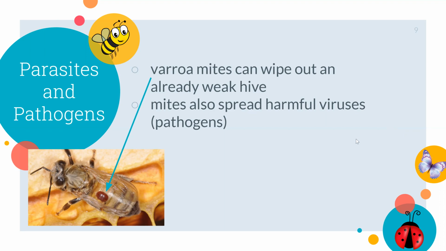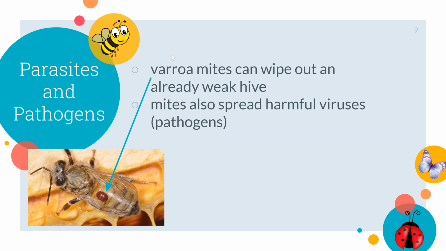We saw that in the Venn diagram. So what a parasite is, it leeches on to another being. The parasite takes benefit from another being while harming that being. That's what a parasite is.